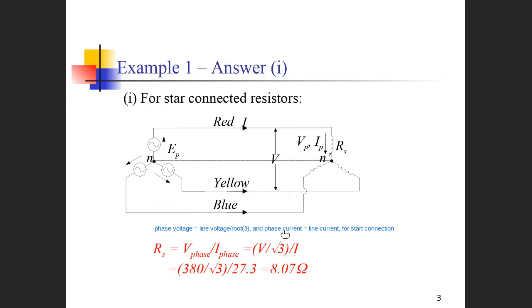It is easy to find that the phase voltage equals line voltage over root 3 and the phase current equals line current for star connections.